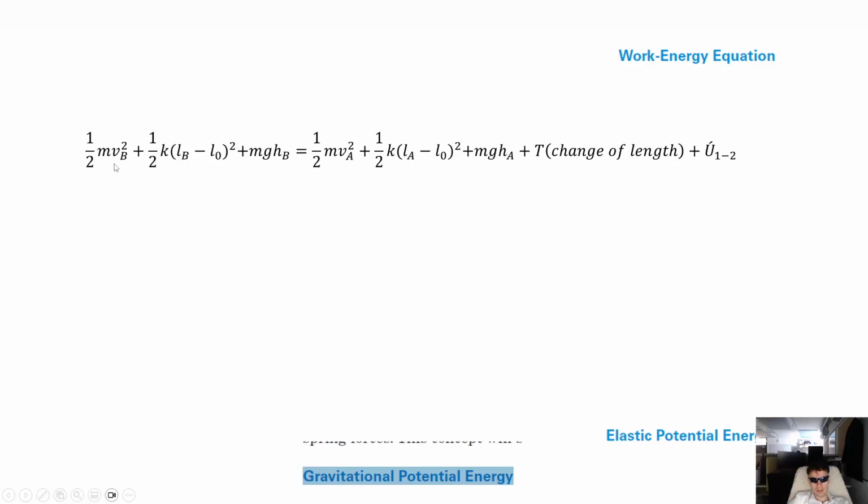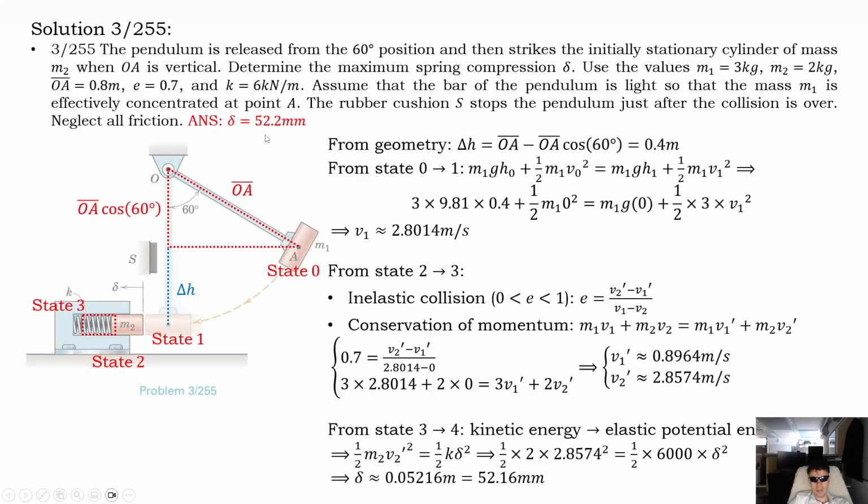What about the velocity at the end? The maximum compression happens when the velocity of M2 will be 0, because if it is not 0, it can go further.